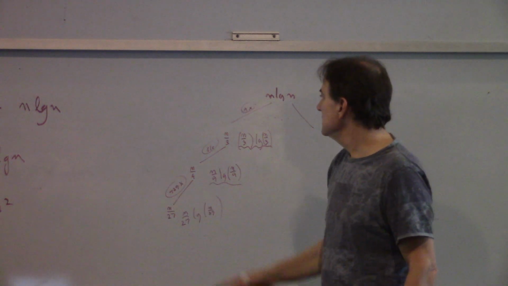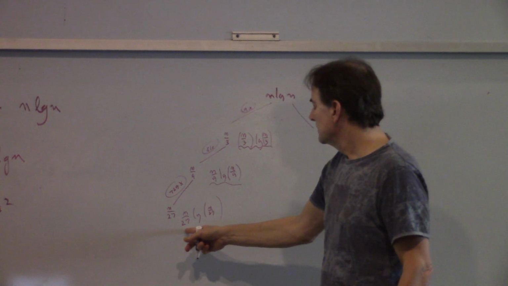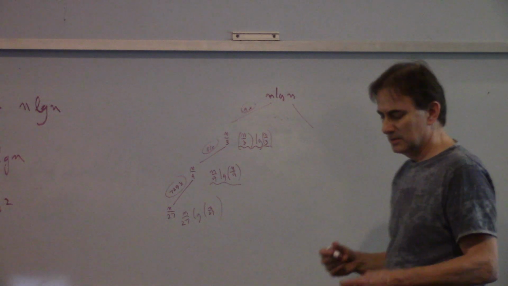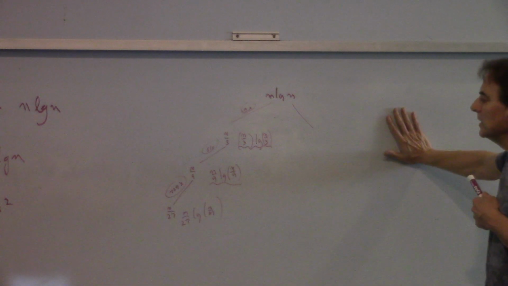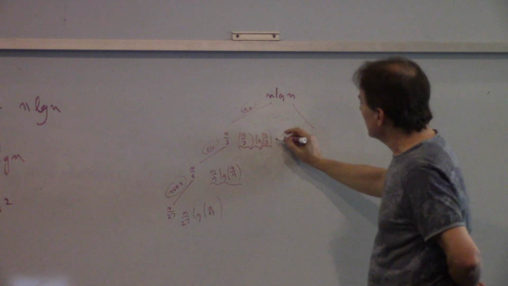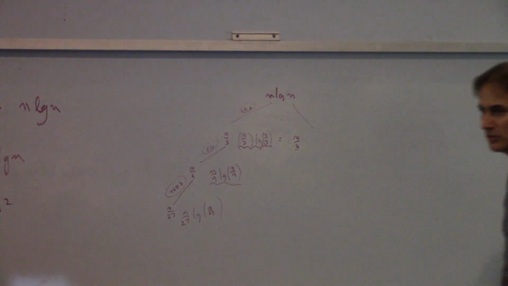What's 729 divided by 3? Actually, no. Okay, let's just think of it like that for a second. So what is this work? Let's simplify this work. So this is n over 3. What's lg of n over 3?